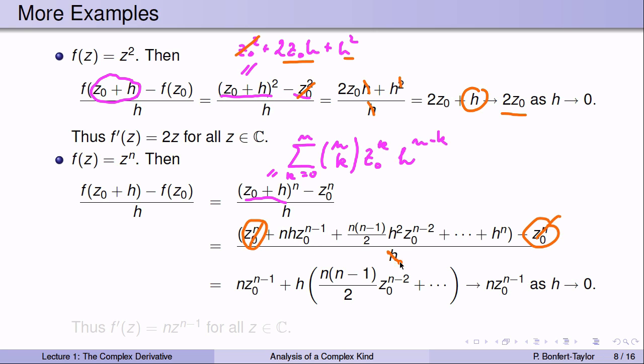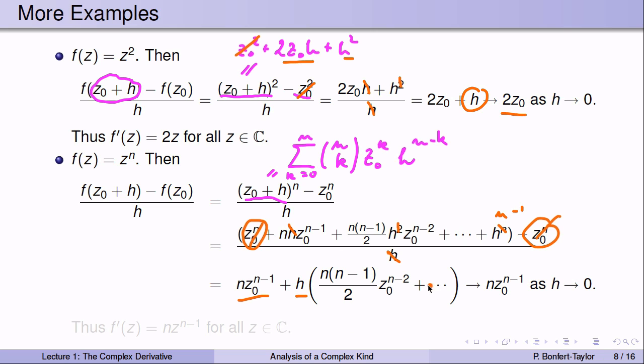So if we cancel out an h of the numerator and denominator, this term has no h's left in it. It becomes n times z0 to the n minus 1. And all the other terms just lose 1 power of their h. But all have an h left in them. We could even factor out an h and have all these remaining terms left in here.